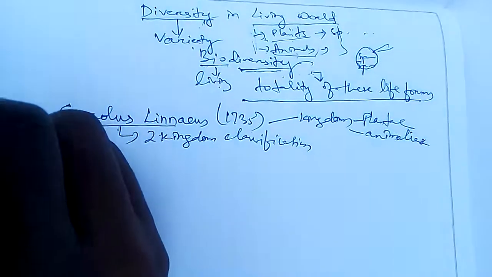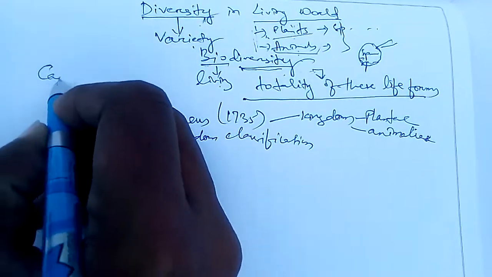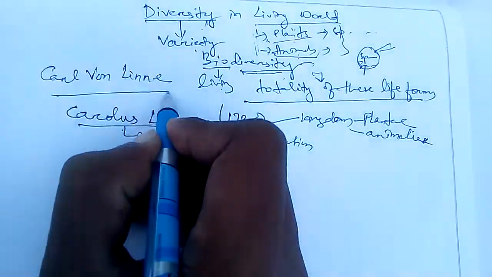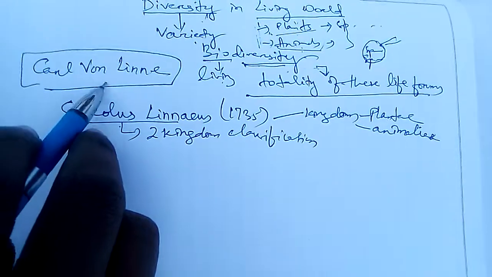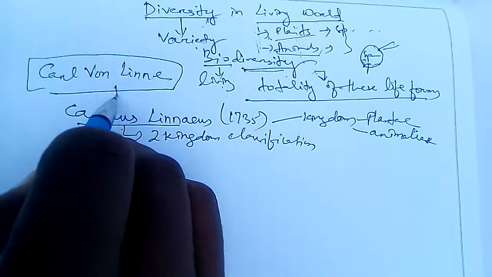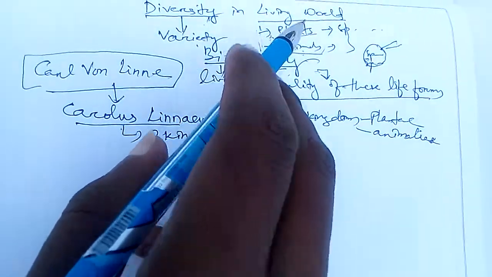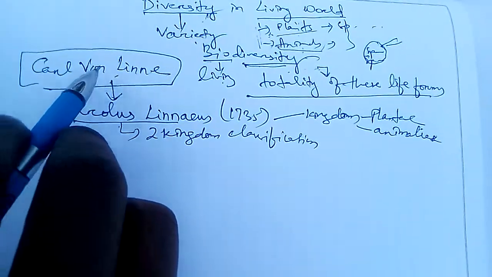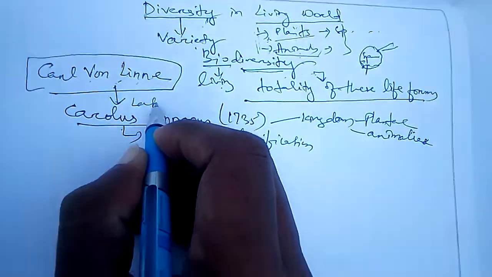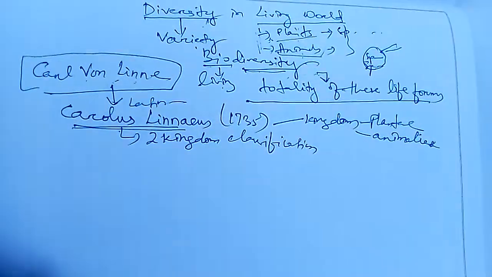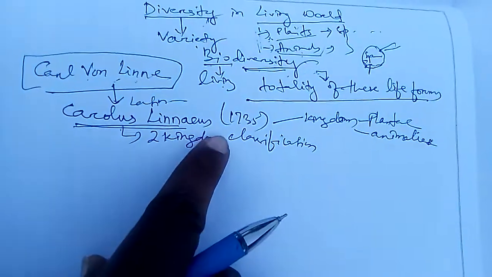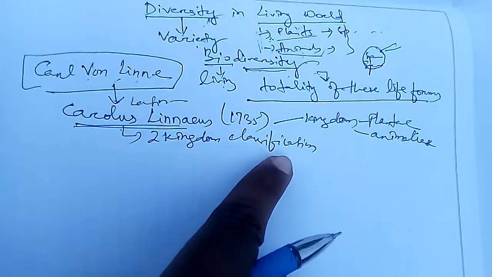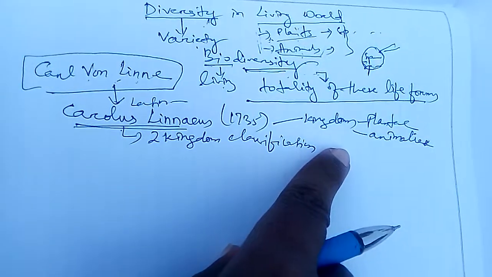The original name was Carl von Linne, but he was so involved in the naming of plants in the Latin language that he changed his original name to the Latinized name, Carolus Linnaeus. So he was the first person to classify the living organisms in two kingdoms, Plantae and Animalia.